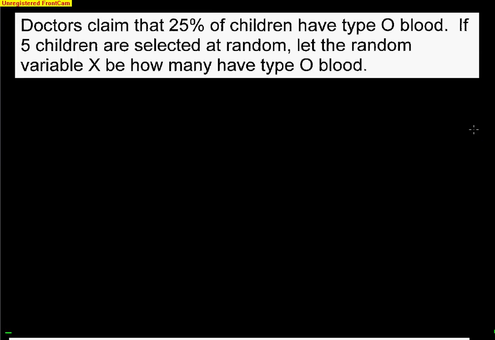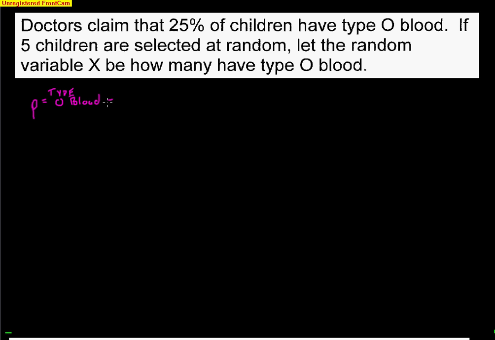I really hope so. Okay, doctors claim that 25% of children have type O blood. If 5 children are selected at random, let the random variable X be how many have type O blood. So let's try to make sense of this. Okay, first off, success is type O blood.